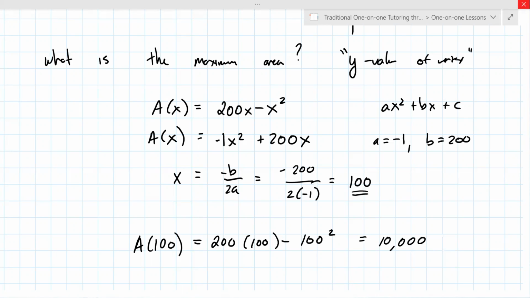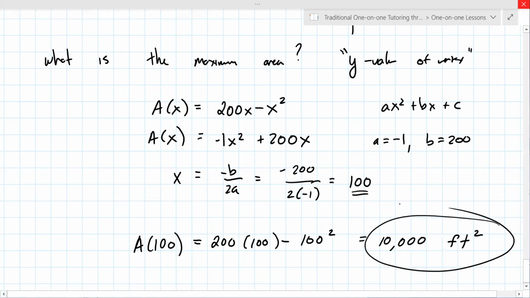Now, what's really important also in these problems is units. And I didn't really emphasize that in the earlier parts, but because it's an area, because it's feet times feet, it's feet squared. And your instructor is expecting units when you do this. Okay, so that's the maximum area.